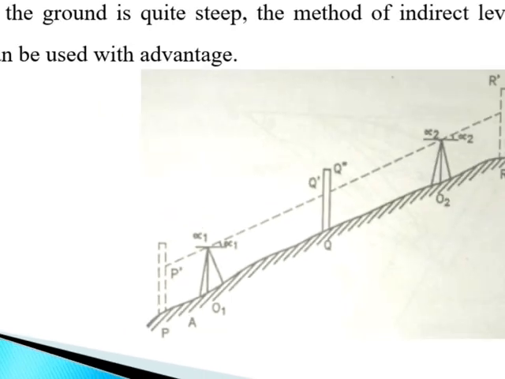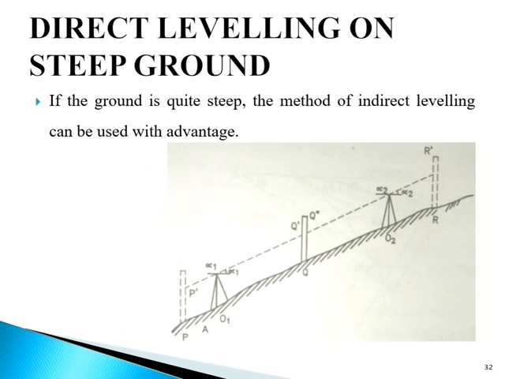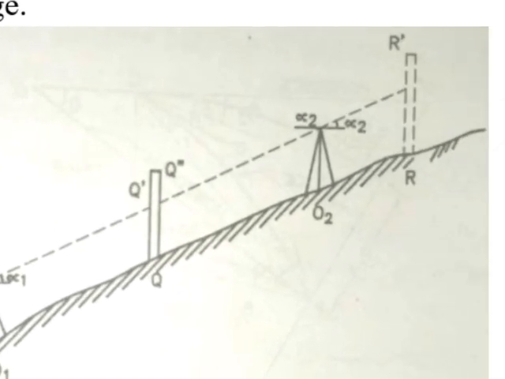So RL of Q is equal to RL of P dash plus PQ sin alpha 1 minus QQ dash, or RL of Q is equal to RL of P plus PP dash plus PQ sin alpha 1 minus QQ dash.